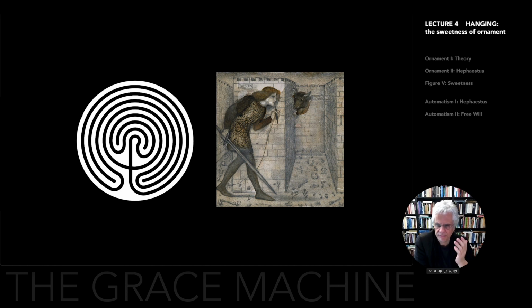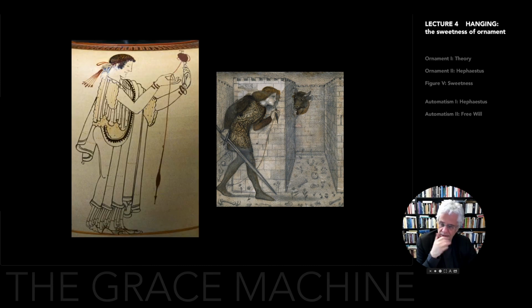Now, we already know from much earlier descriptions of the labyrinth that it's not a building, but it's a dance. And it's a spiraling dance on the orchestra, the choros, the round dance, the spiraling dance, which becomes the dance of fate. And here we see Clotho, the first who spins the thread of fate. Of course, there are three.